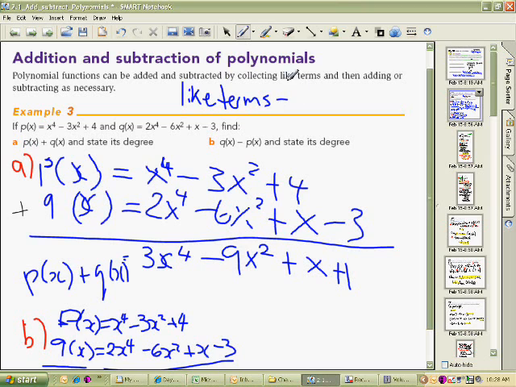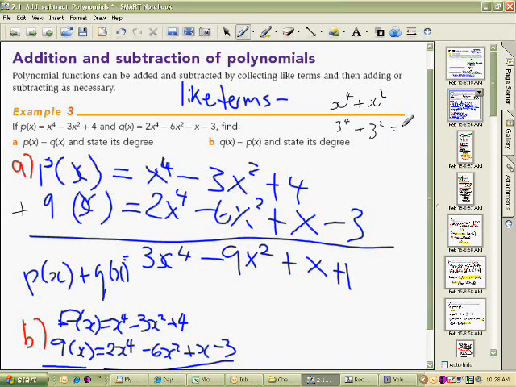Now here we need to understand what like terms are. The like terms are where x is involved, other x's that have the same power. You cannot add that and that together. They are two different things. You can try it out by saying, let's make it 3 to the power of 4 plus 3 to the power of 2.